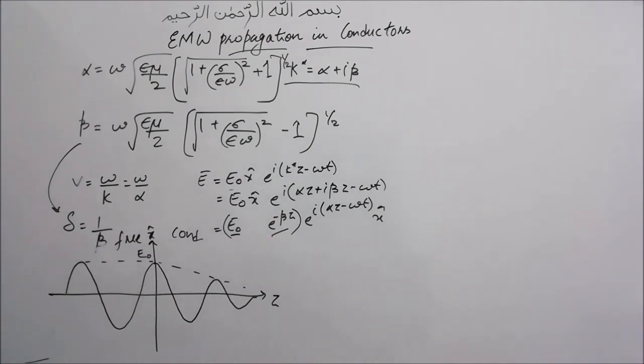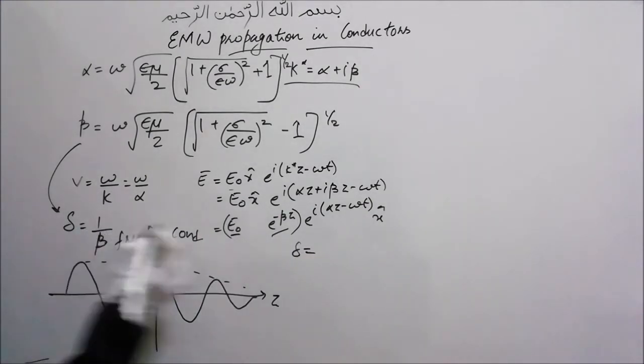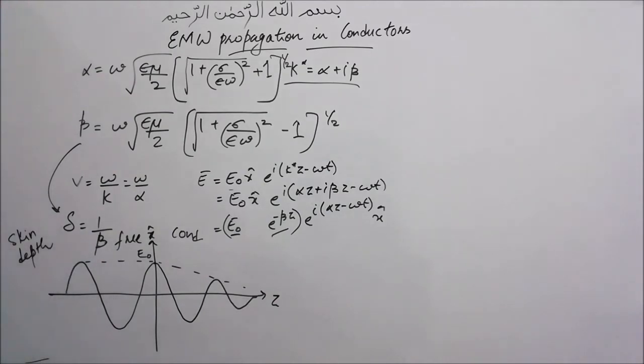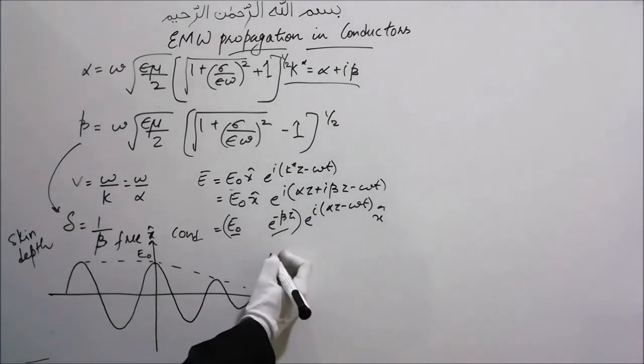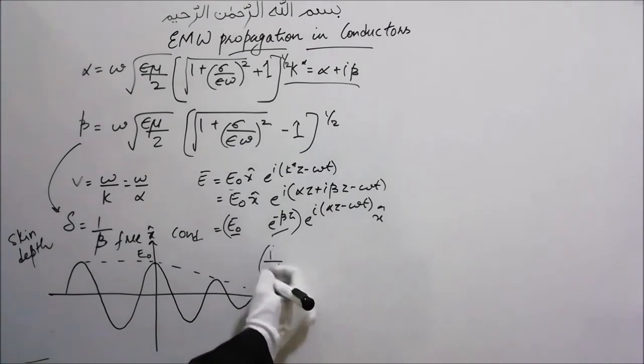So now we can get the skin depth delta, which is 1 by beta. Skin depth is the distance inside the conductor up to which the amplitude of the wave decreases to 1 by e times the amplitude on the surface.